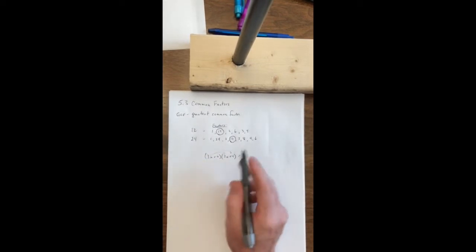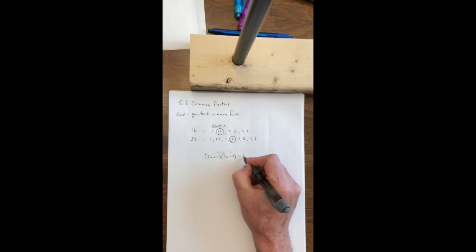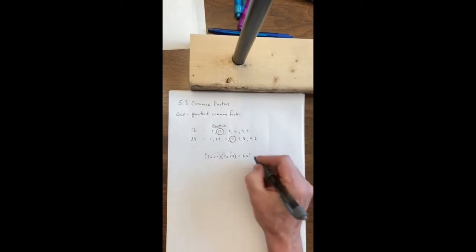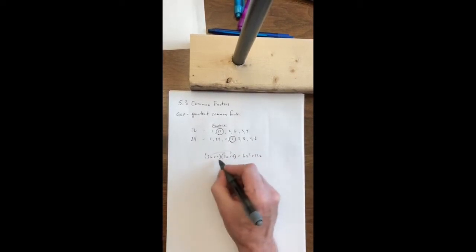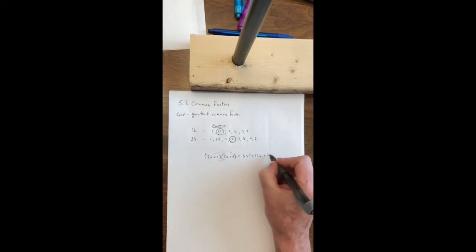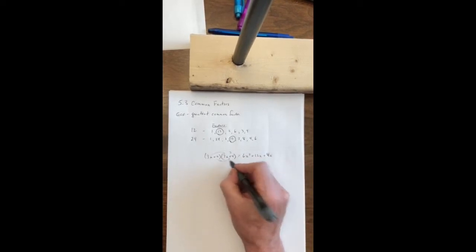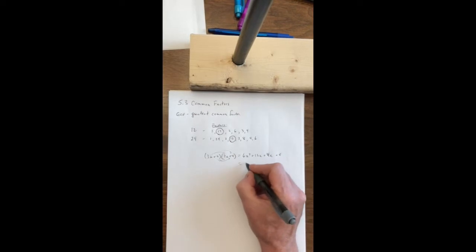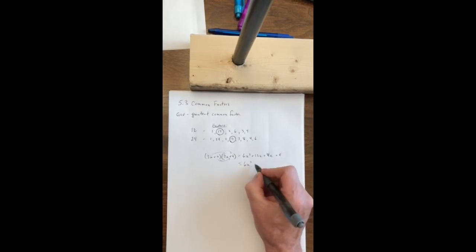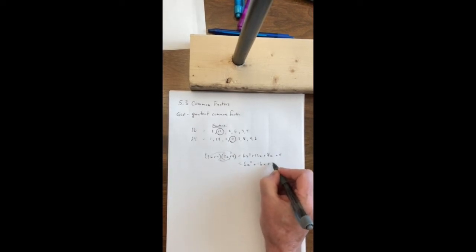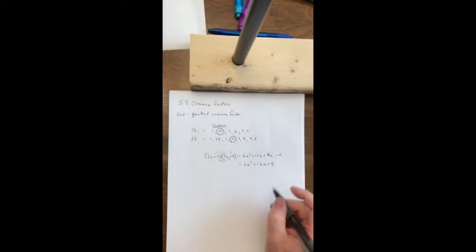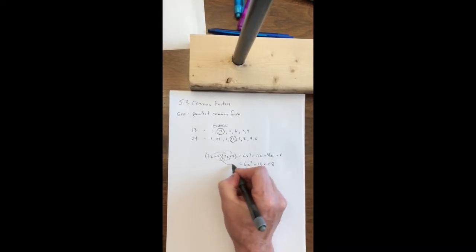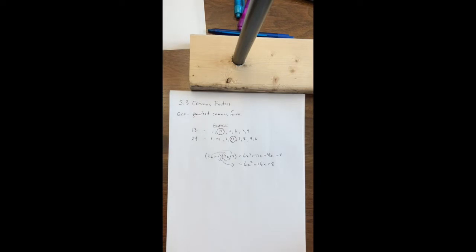So 3x times 2x is 6x squared, 3x times 4 is plus 12x's, plus 4x's, plus 8. And when we simplify this, we get something like this. So we've been going from here to here over the last week.